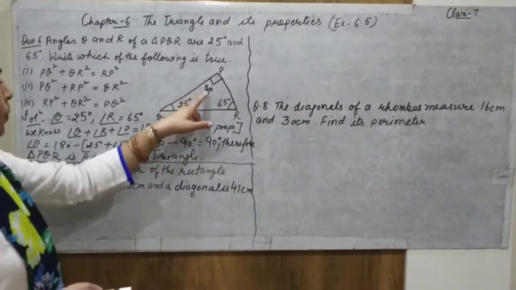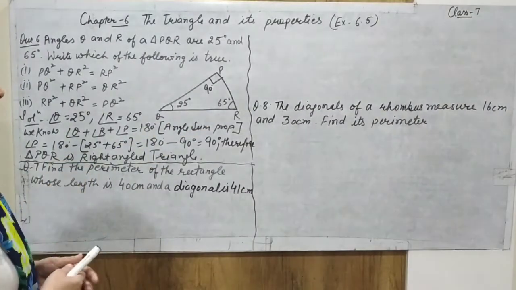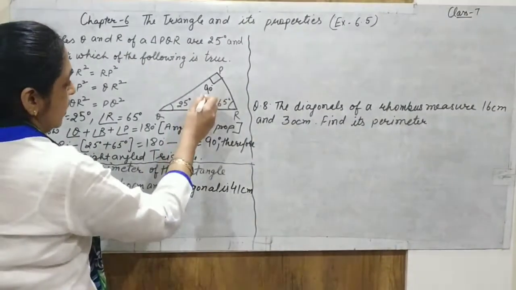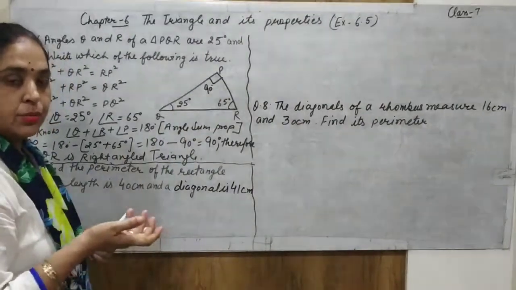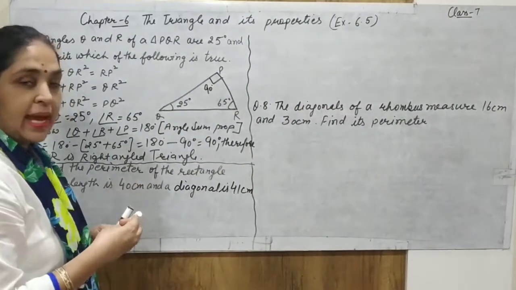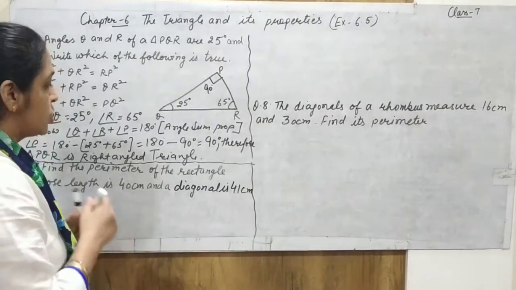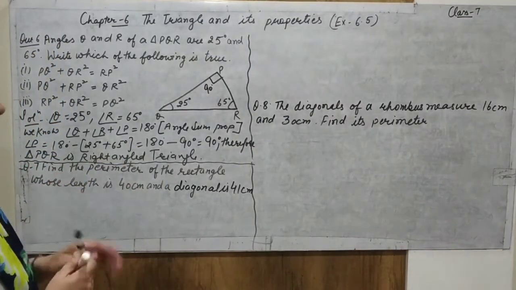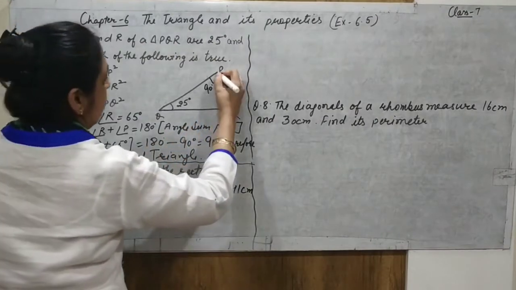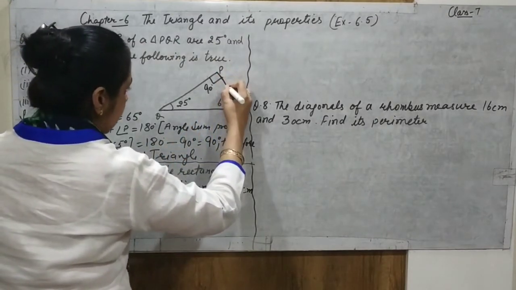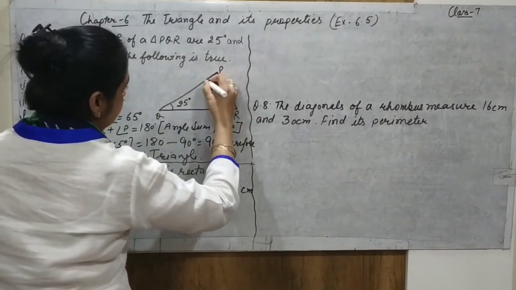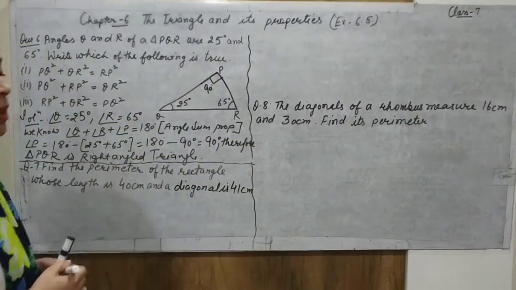So if angle P is 90 degree, then tell me which side acts as base, perpendicular or hypotenuse. Understand the diagram now: the 90 degree angle is made at P.